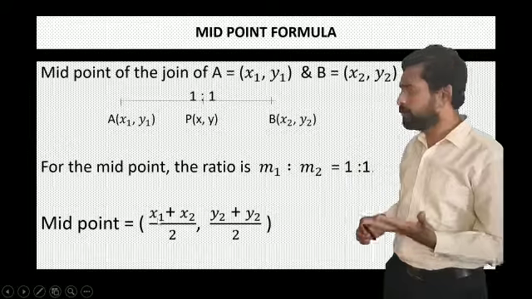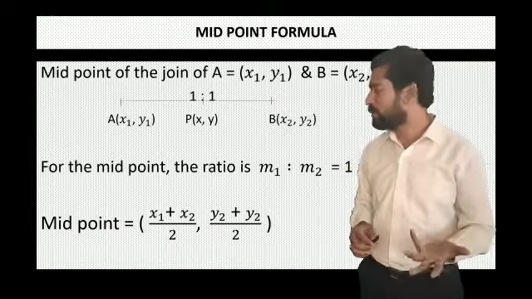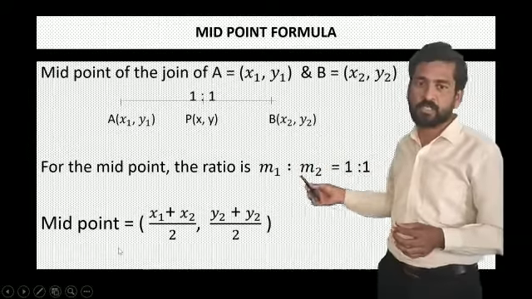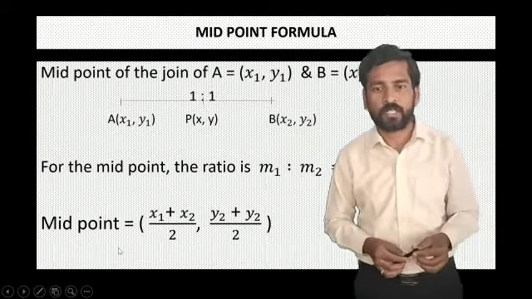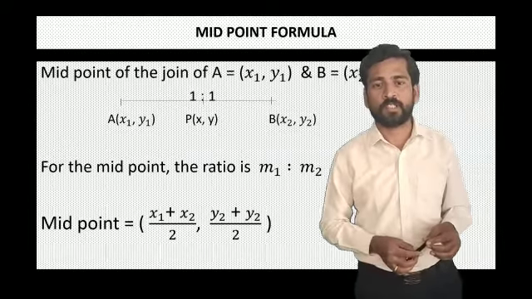If the point P divides the line segment into different ratios, then that point gives the section point. If that point divides exactly equally, then that point P will be the midpoint of the line segment.